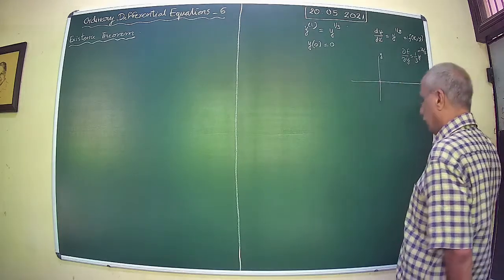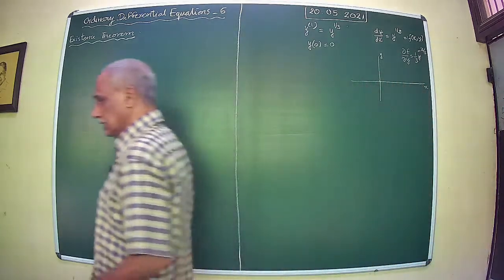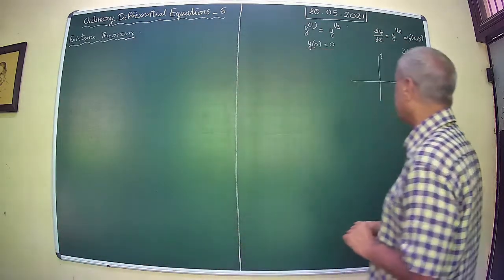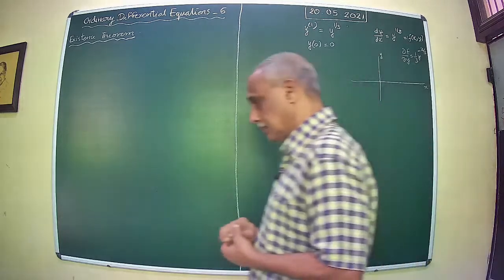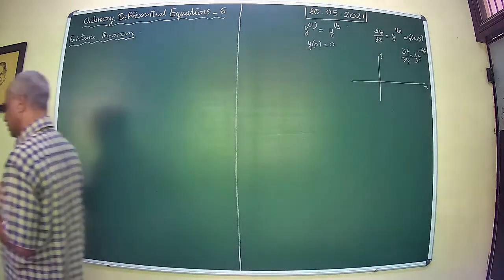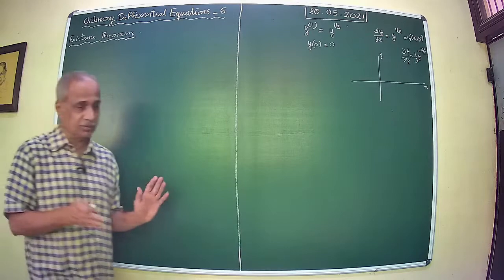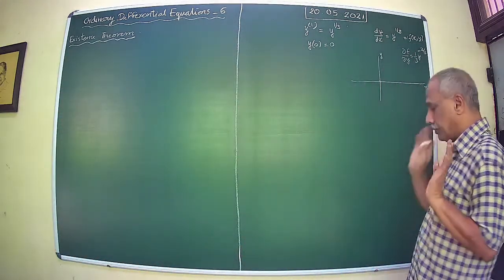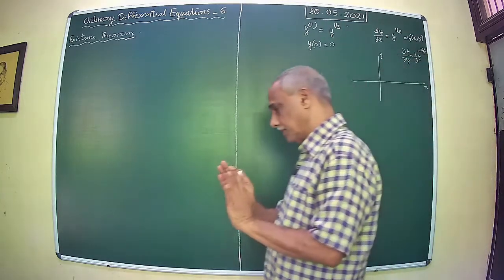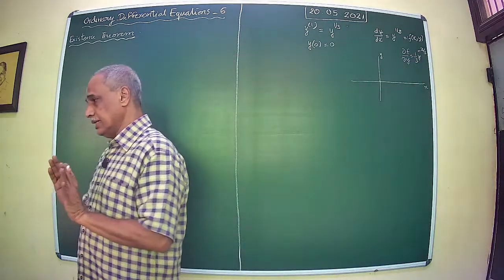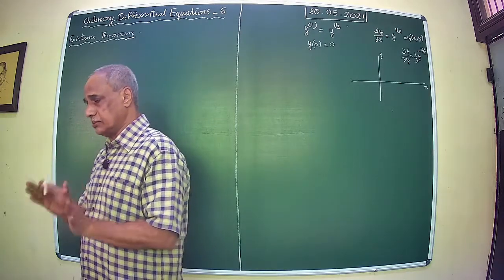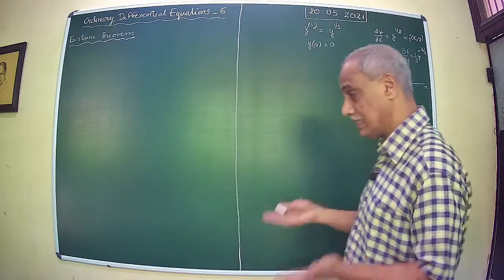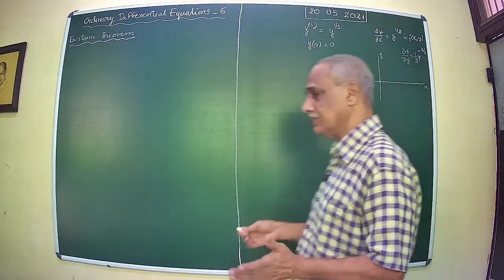This is the line y equal to 0, and you have difficulty there. It becomes unbounded. So that contributes to the non-uniqueness of the problem, and that situation does not arise if you prescribe your initial data at some location where the partial derivative exists and is bounded, or the function satisfies the Lipschitz condition.